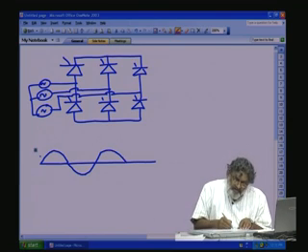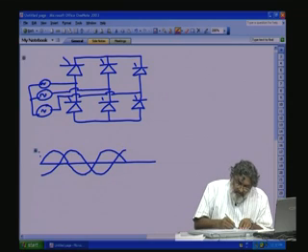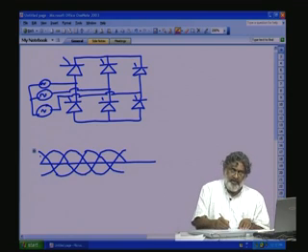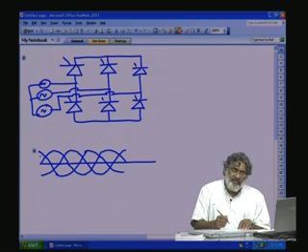This is E1, 120 degree you can have approximate. E2, now we can have E1, E2, E3. Okay.